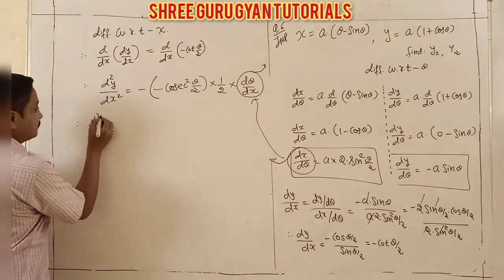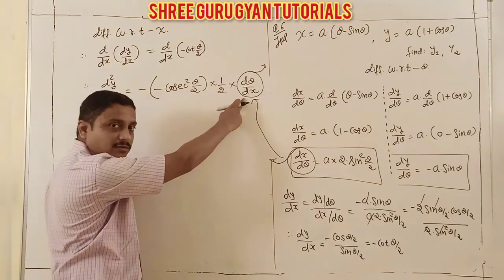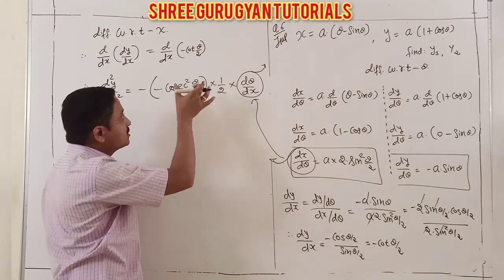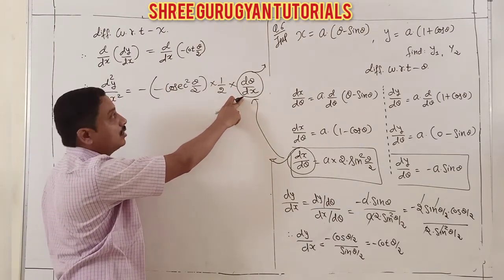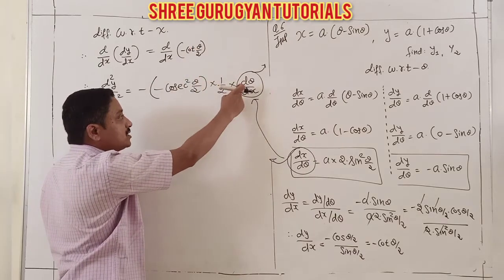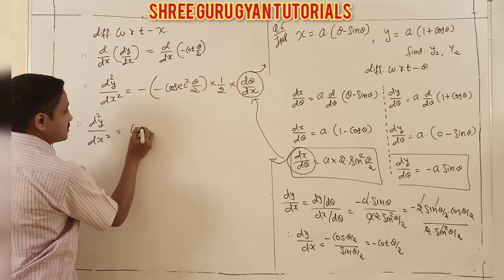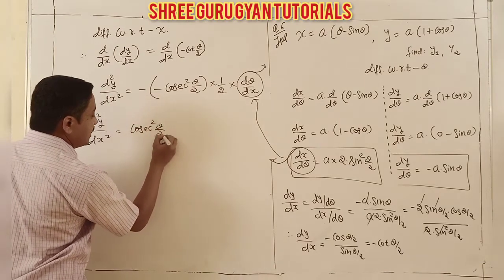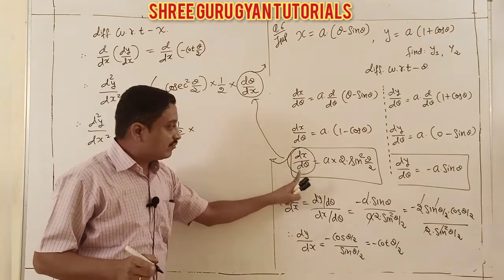So finally done. Students, this step is a main step. Mostly students make mistakes here in the solutions. They never write this one, and that is wrong. Actually, theta derivative with respect to x is also written d theta by dx. So minus minus plus cosec square theta by 2 into 1 by 2, and one more time this value comes from here.